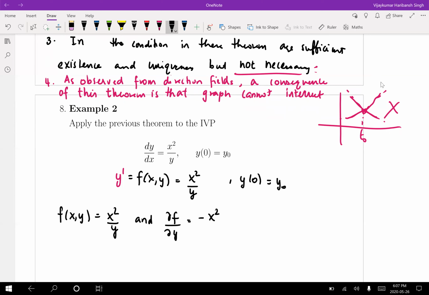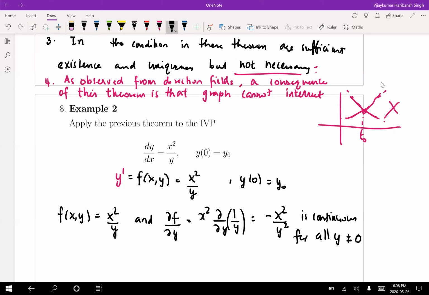So x squared is a constant, it comes out, and then you're taking the derivative of 1 over y with respect to y. Derivative of 1 over y is minus 1 over y squared, so it's going to be minus x squared by y squared. And this is continuous for all y not equal to 0.